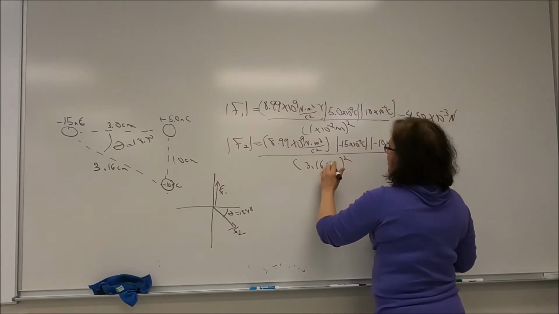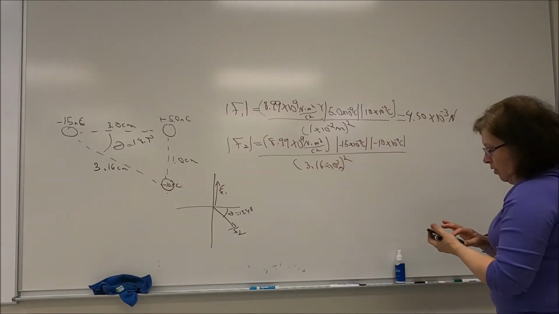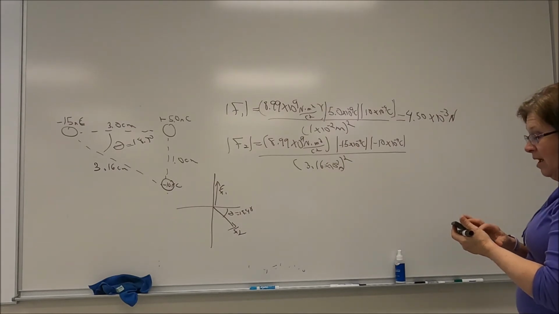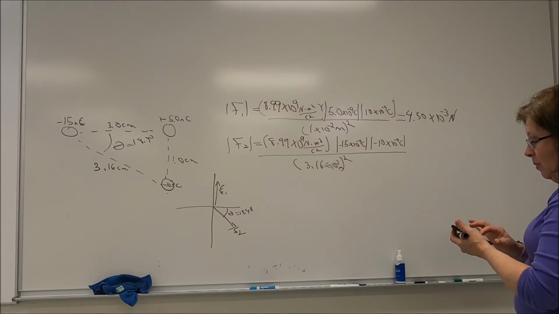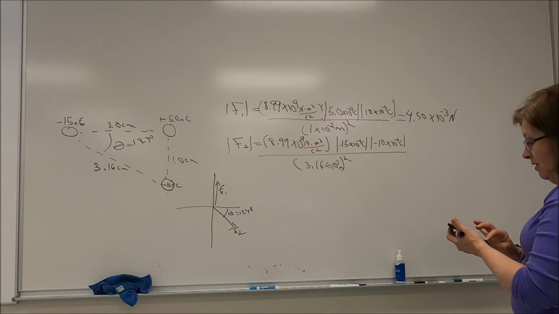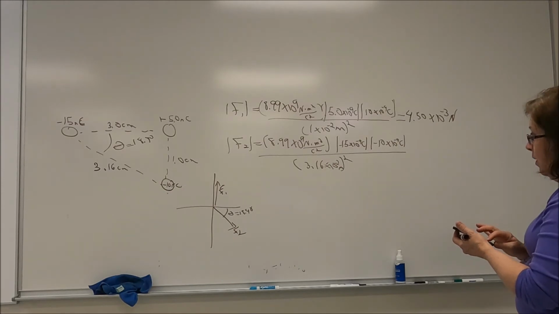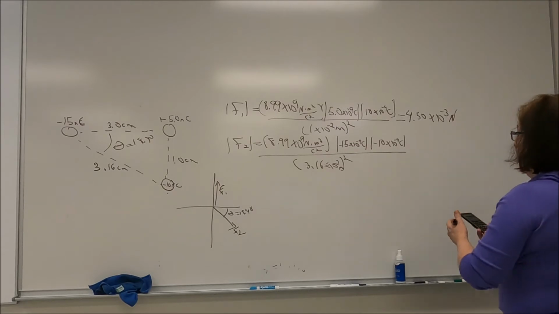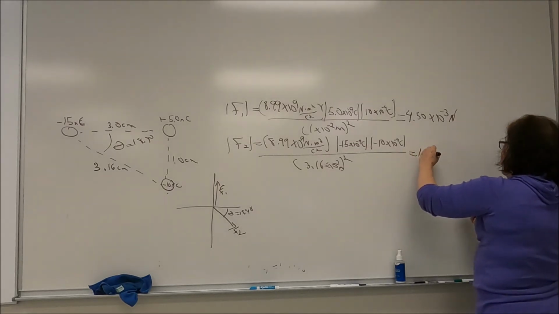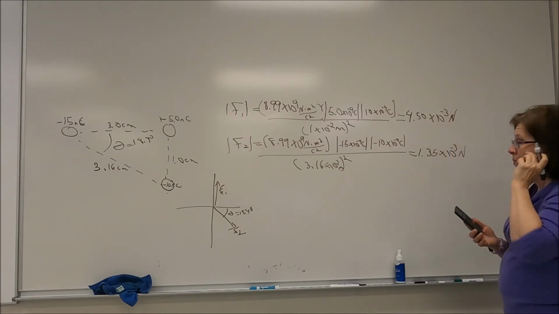Oh, it's 3.16 times 10 to the minus 2 meters squared. So 8.99 times 10 to the 9, times 15 times 10 to the minus 9, times 10 times 10 to the minus 9, divided by 3.16 times 10 to the minus 2 squared, and I get 1.35 times 10 to the minus 3 newtons.